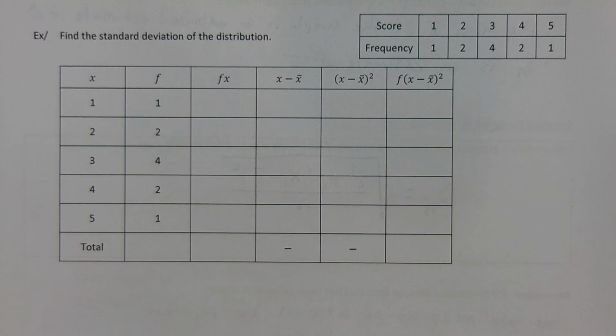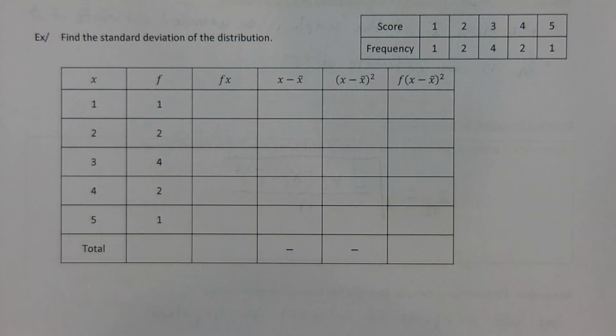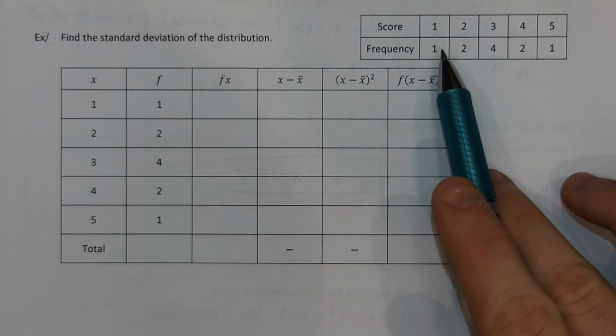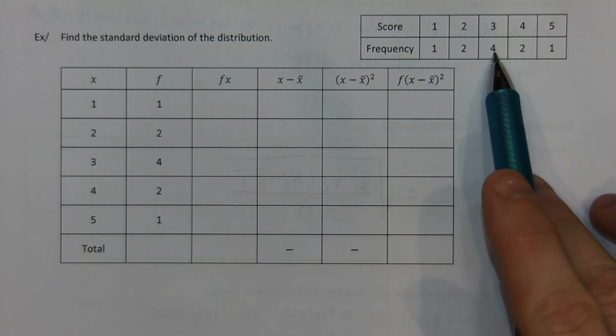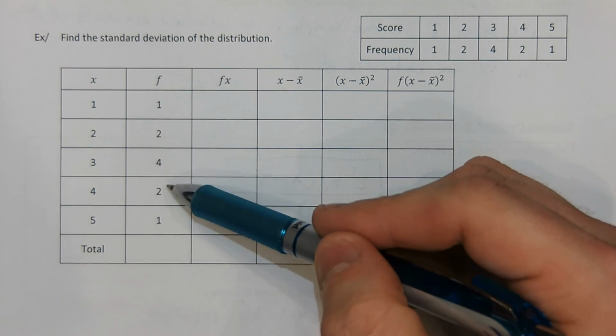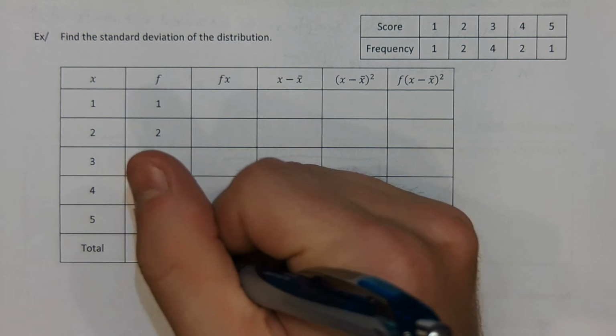We've been tasked with finding the standard deviation of this distribution, and this is a grouped set of data. There's 5 possible scores. We knew there was 1 one, 2 twos, 4 threes, 2 fours, and 1 five. So we go, okay, time to start filling out some cells. 1 plus 2 plus 4 plus 2 plus 1 adds to 10.